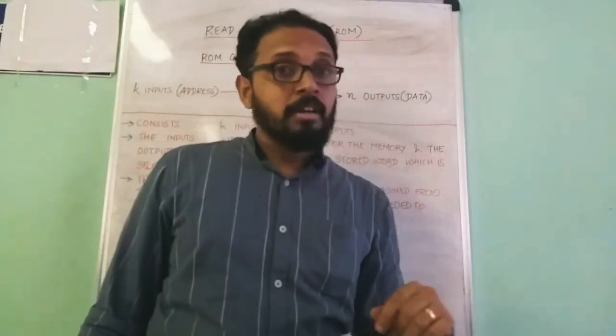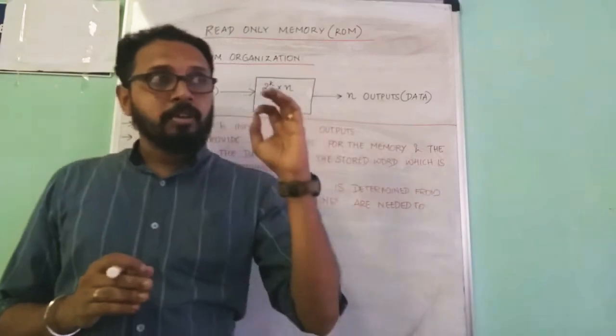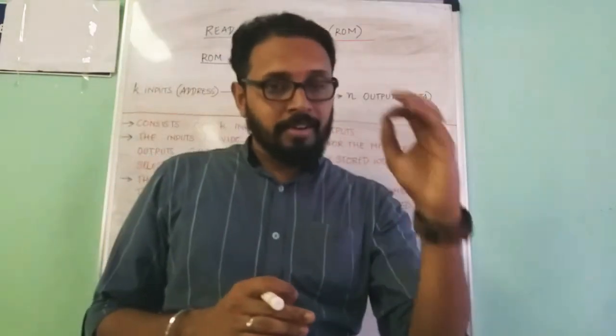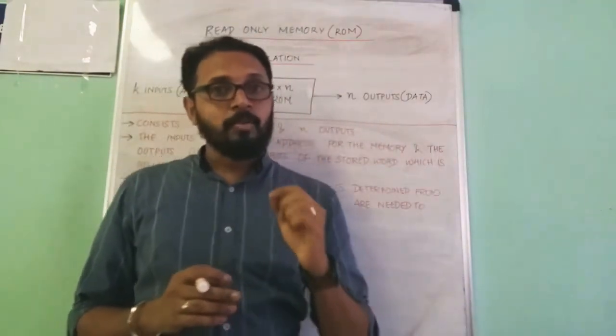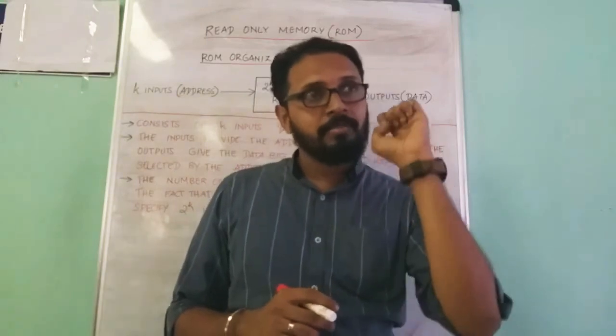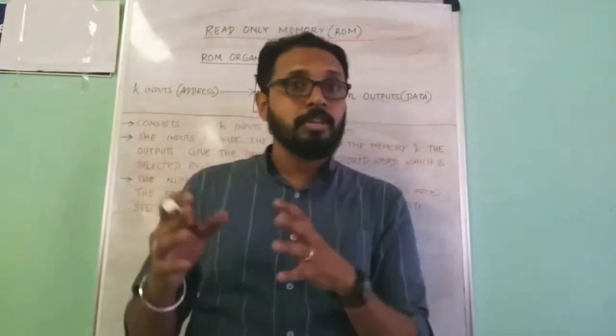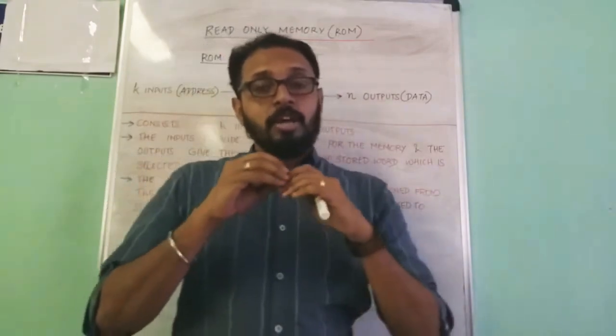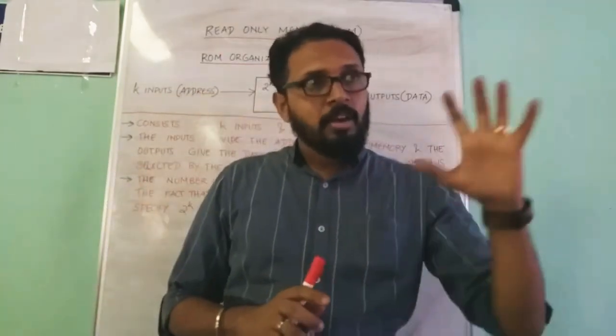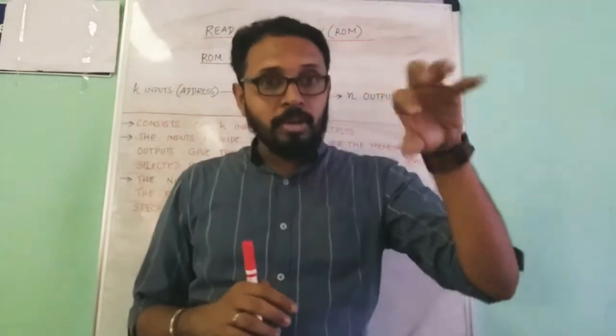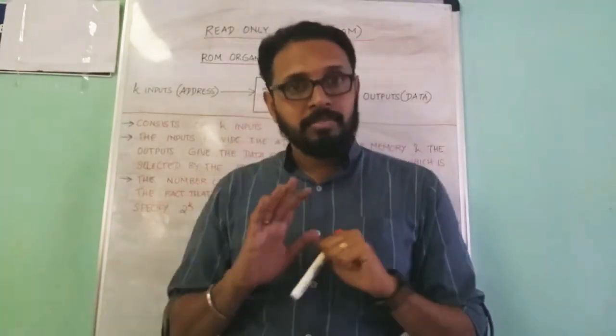But here we need to understand that ROM is a memory element where data will not be given as input to the circuit, as there is no write operation in it. Whatever is programmed into the ROM can be read, that's it.